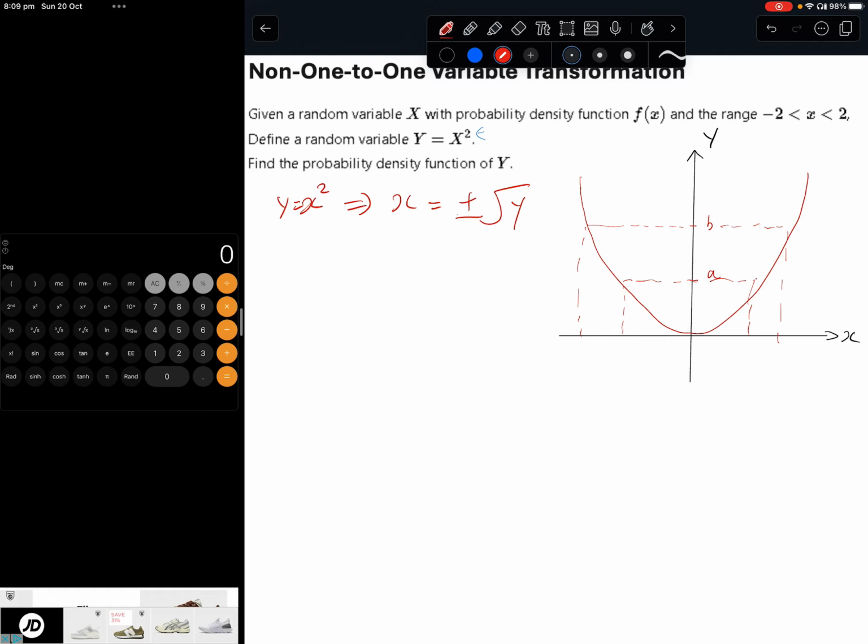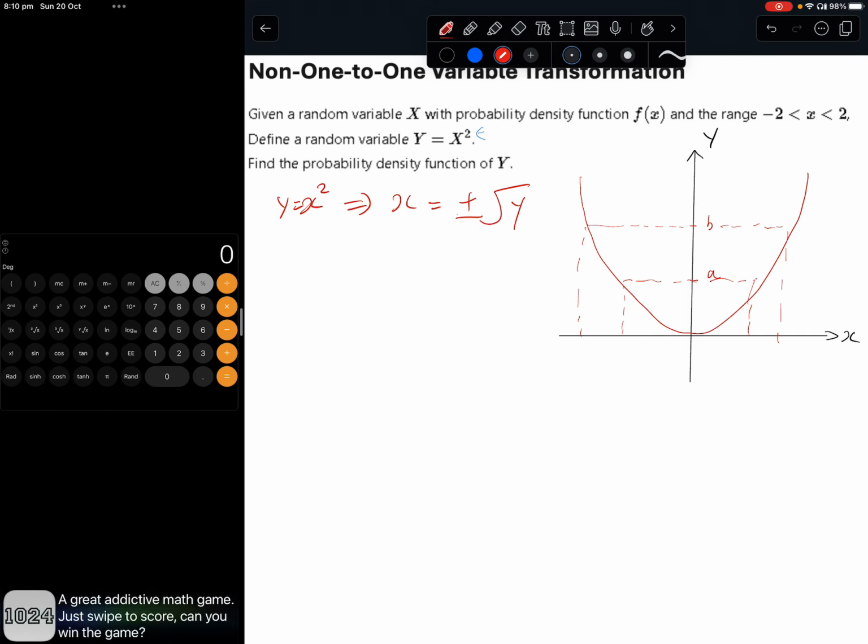This means that for a given value of y, we have two possible values of x. So this transformation involves two branches, one for the positive square root and one for the negative square root.